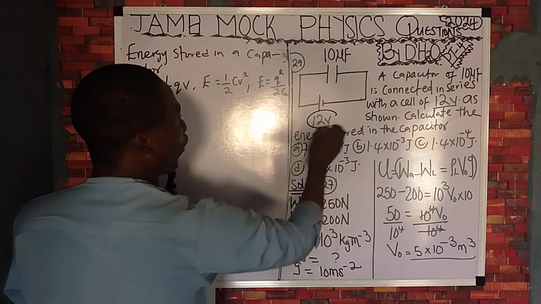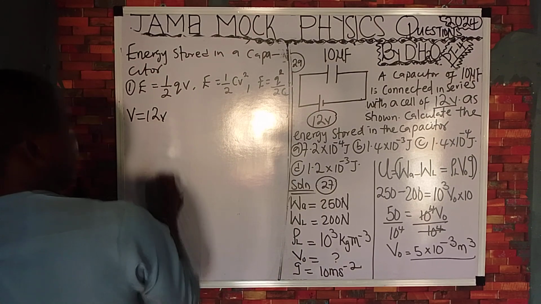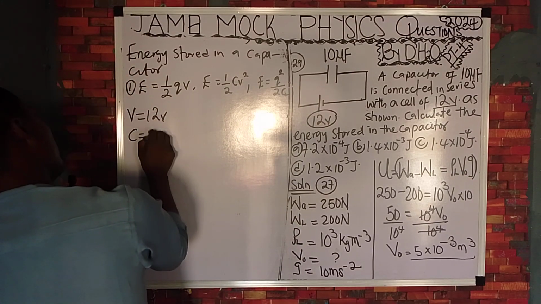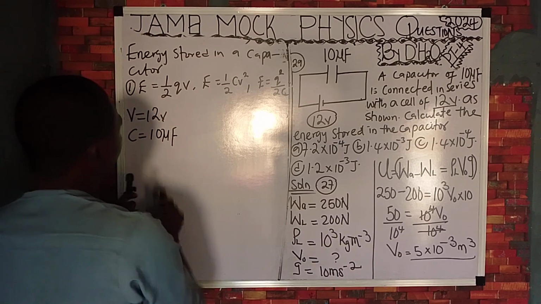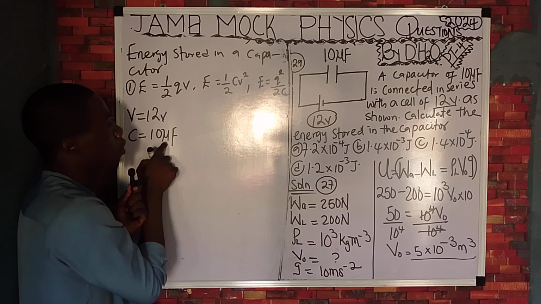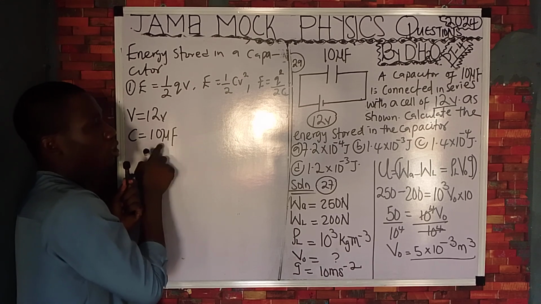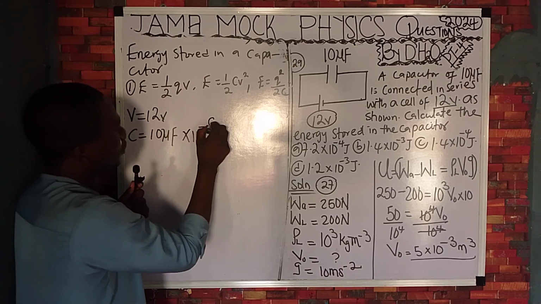They gave us a voltage of 12 volts. So, our voltage is equals to 12 V. Okay? Now, they gave us the capacitance as what? 10 microfarad. Remember, if you are given a microfarad, you have to convert it to farad because the unit for capacitance is farad and not microfarad. So we multiply with 10 raised to the power of minus 6.